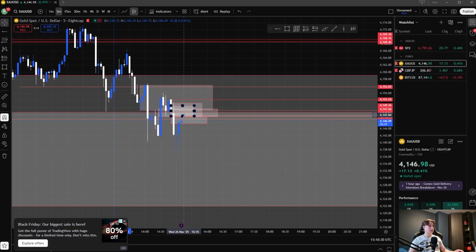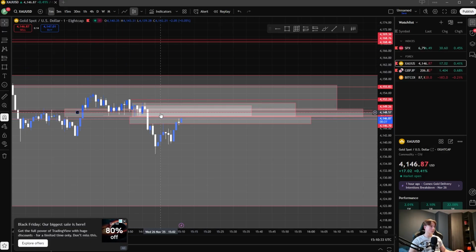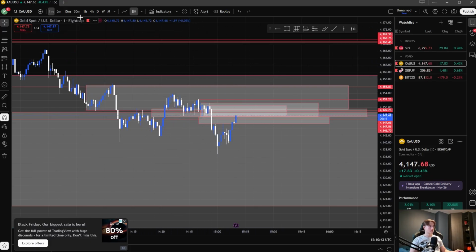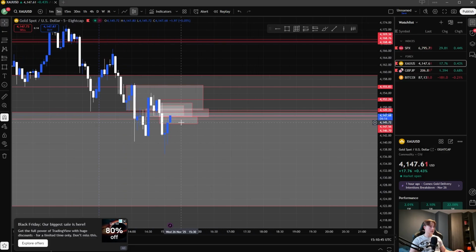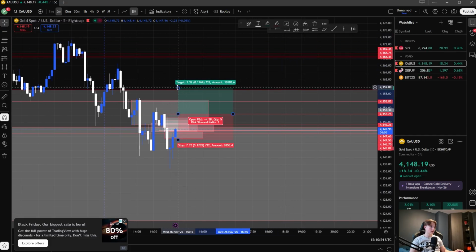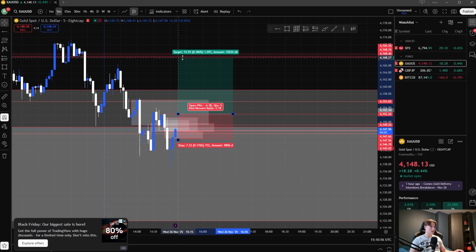Whether it goes to here, the 1 minute order block and breaker block, reacts after that and goes down, or it keeps going up. If it does, you will see that it will close above this break structure over here. That's when we're gonna be looking for an entry towards probably somewhere here.